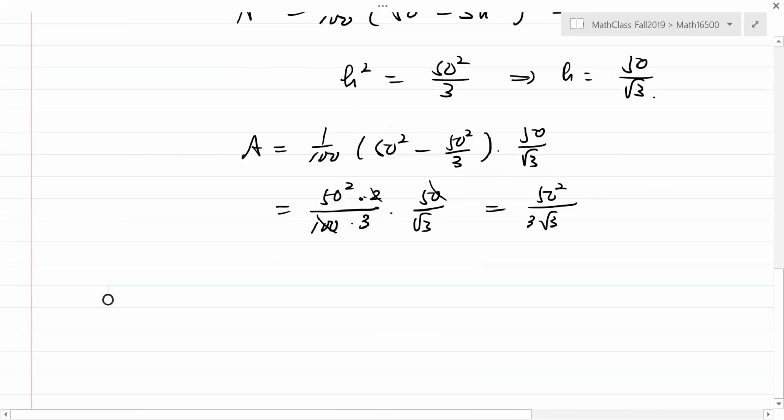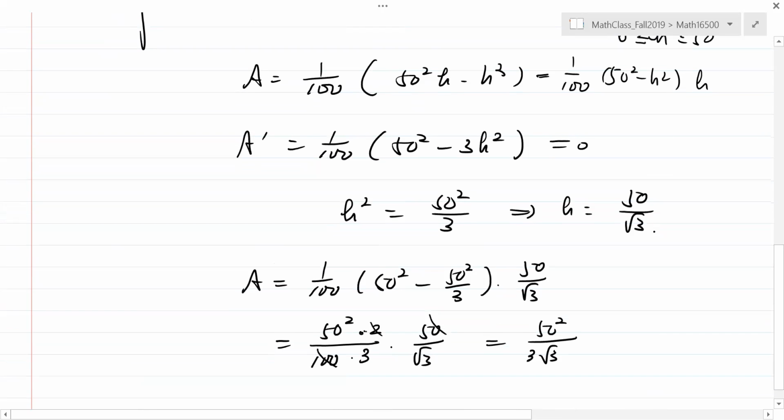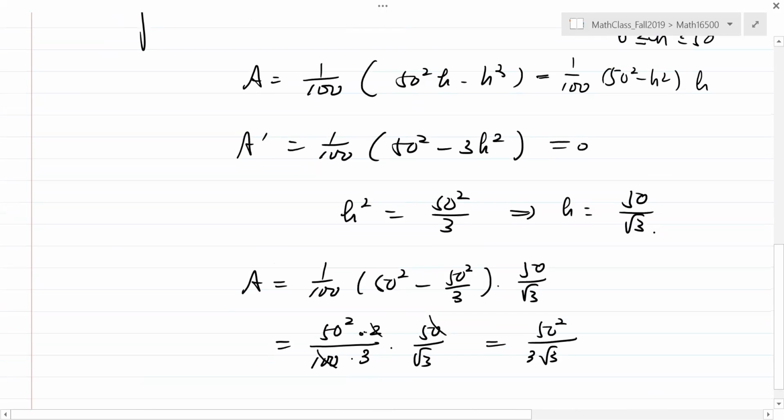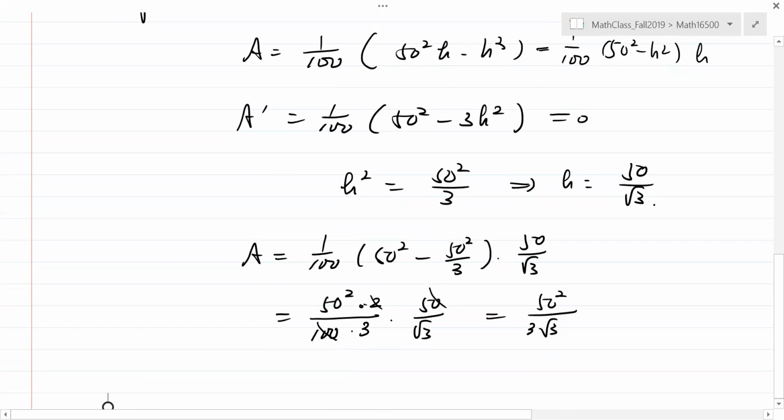How do I get 3? Which one? H square? Well, you see, A prime is going to this. So h square is going to be 50 squared divided by 3. If you take the radical, then you get 50 over square root of 3.